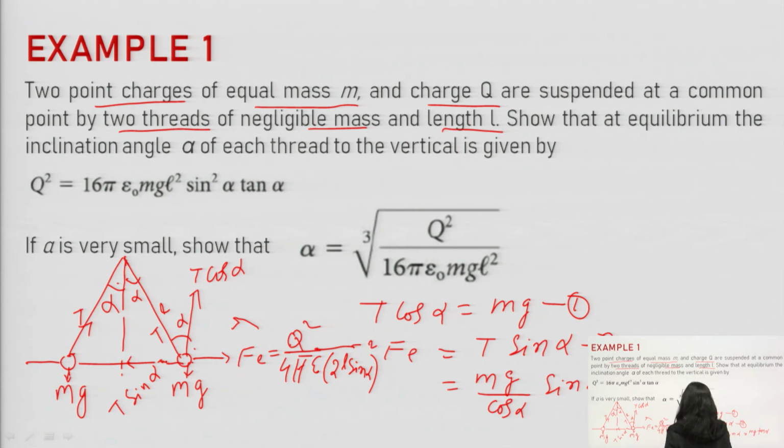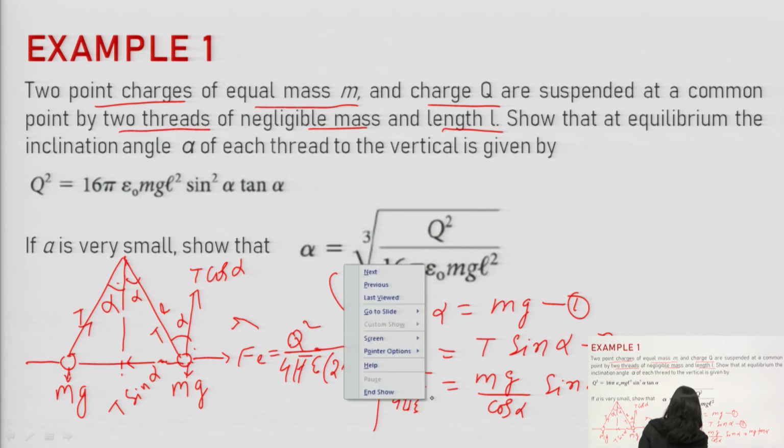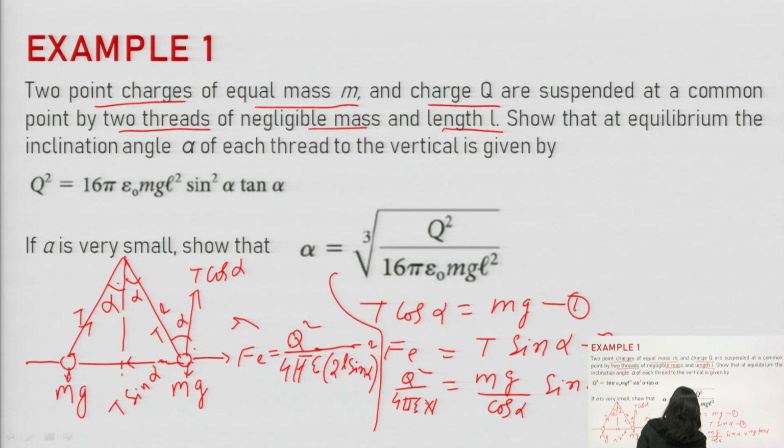This is squared, so r square is 4 L square sin square alpha. The right side has this value, the left side has this value. So it will be q square by 4 pi epsilon multiplied by 4 L square sin square alpha.